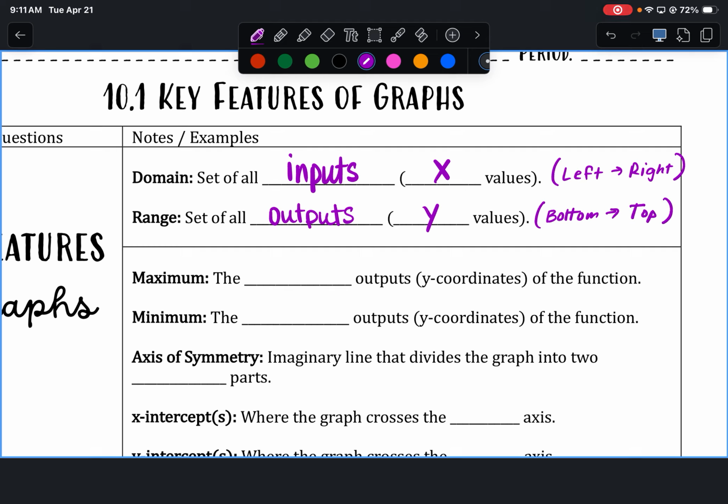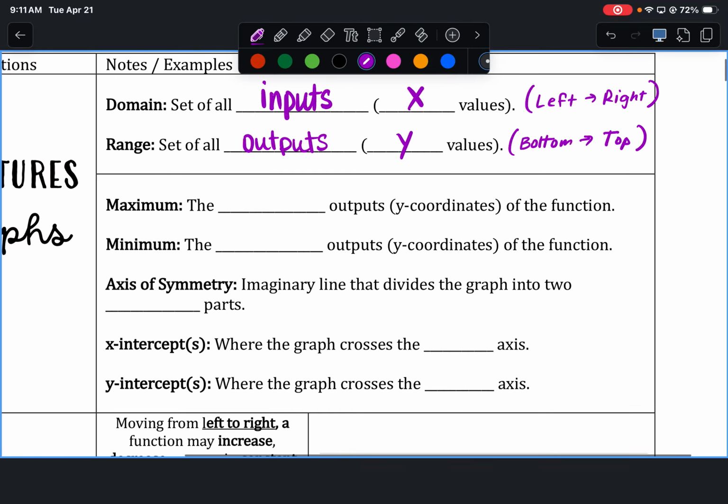All right, so we can have maximums and minimums on our graph. What does it mean to be a maximum? It's the highest point. Yep. So that is the largest or the greatest output. So it's our greatest y value. It's our highest point on the graph.